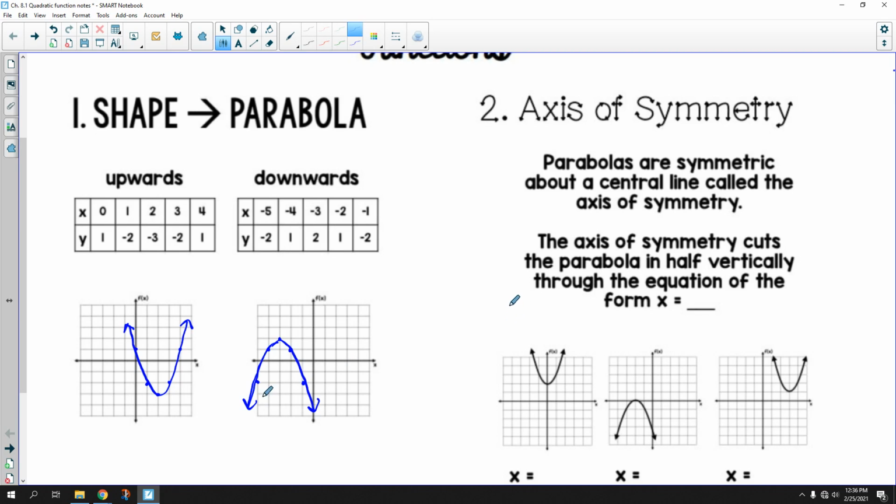Okay. The second thing we're going to talk about is the axis of symmetry. Parabolas are symmetric about a central line called the axis of symmetry. The axis of symmetry cuts the parabola in half vertically through an equation of the form x equals a number, whatever number it goes through on the x-axis.